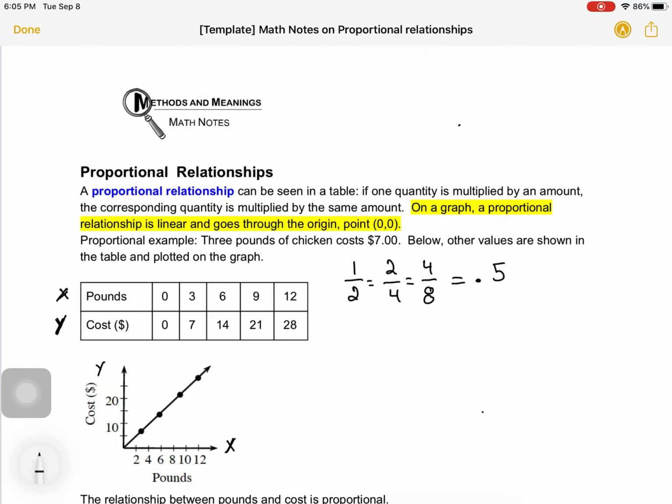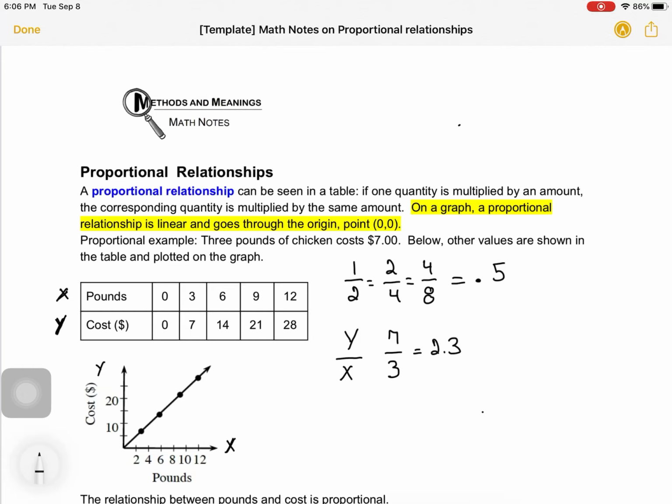Okay, so in order to see if my table is proportional, one way I can do it is to take my value of y and divide it by my value of x. So the first one I'm going to do is 7/3, and when I do that, that equals 2.3.